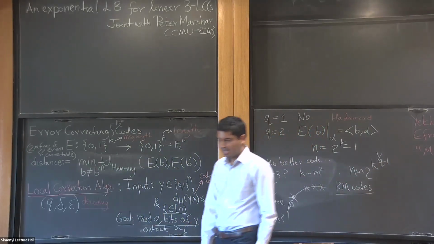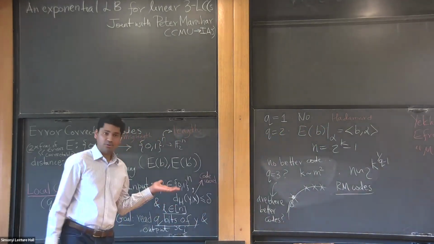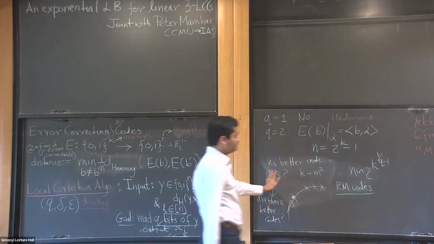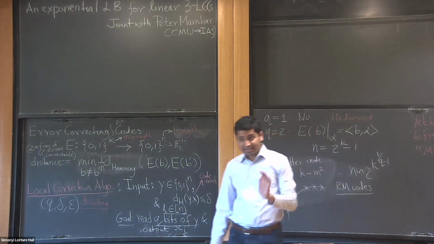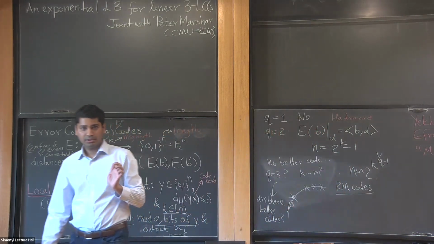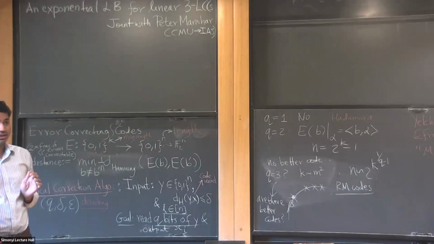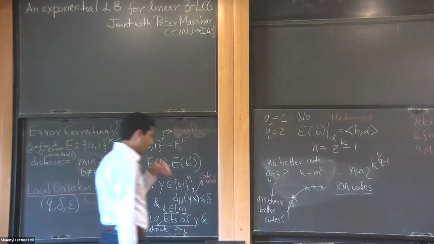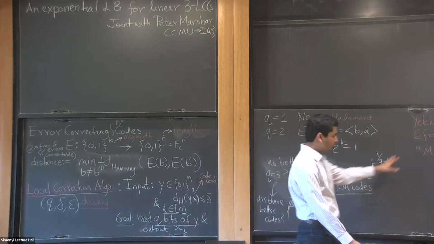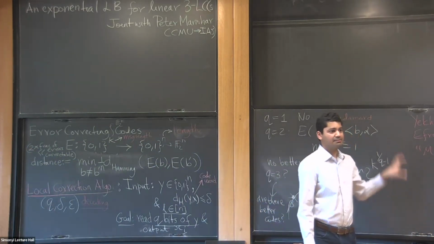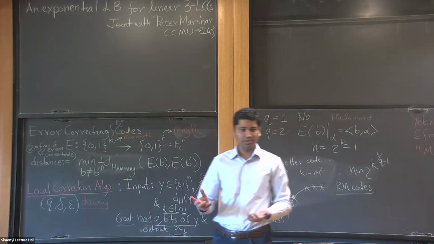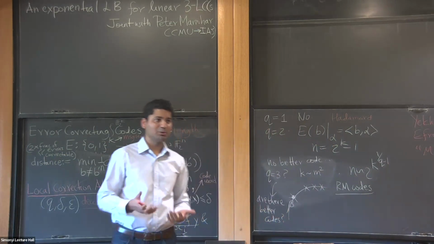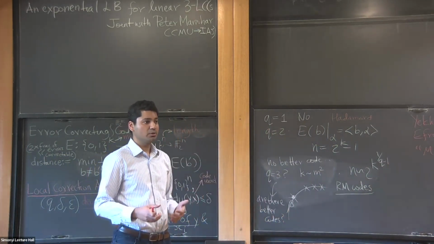So coming back to our story, for 3 queries, we now know a significantly better code than Hadamard, with truly subexponential block length. So you can ask, are there similar things for local correction, if I wanted locally correctable codes? In some sense, this was the first time people at least suspected that local decodability could be strictly easier to achieve than local correction.